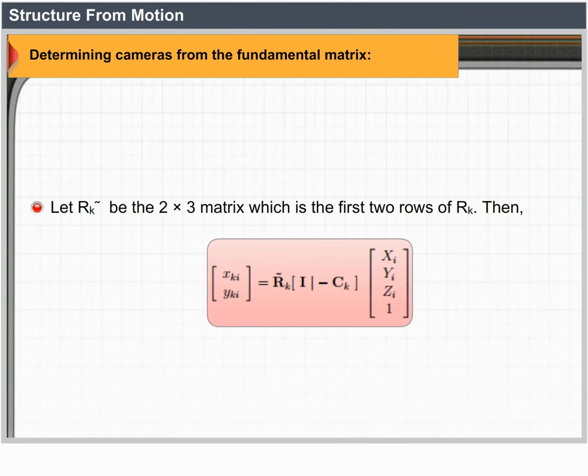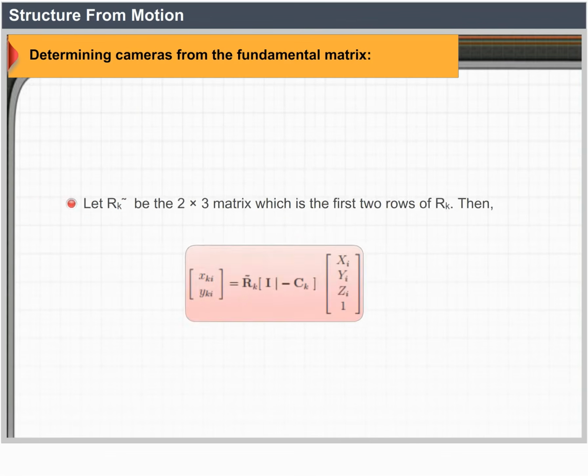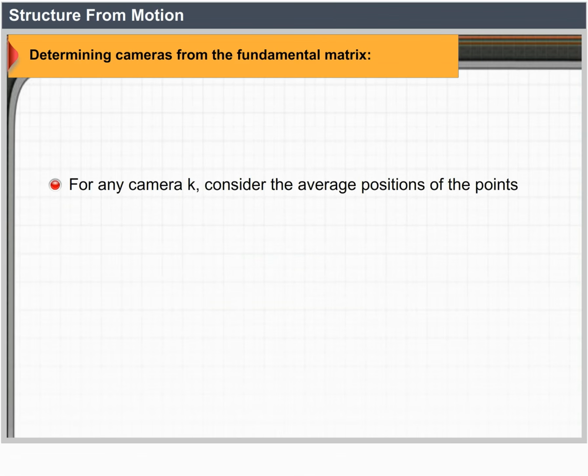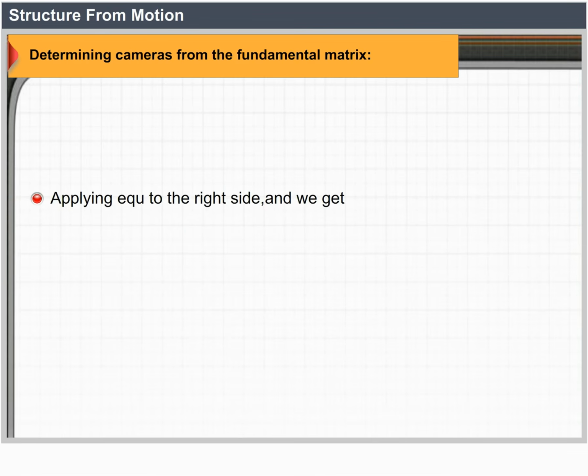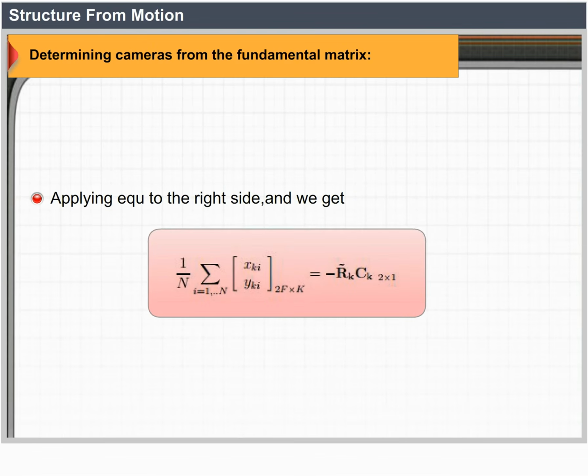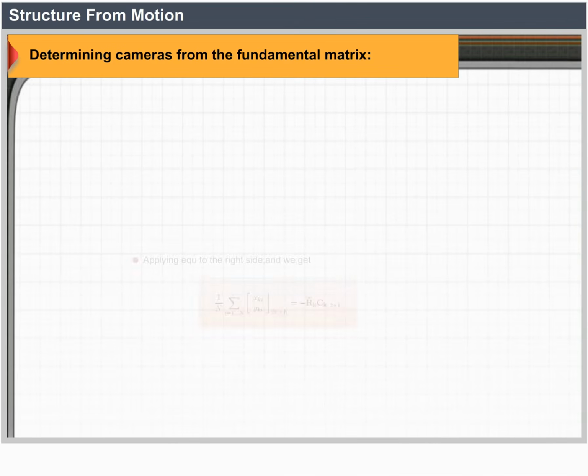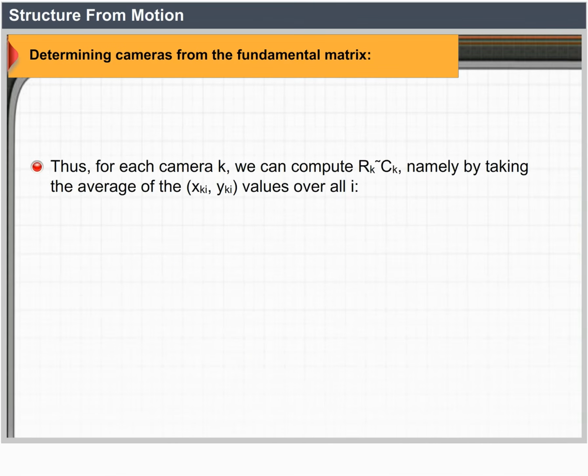For any camera k, consider the average positions of the points. Applying the equation to the right side, we get the image measurement equations as shown on the screen. Thus, for each camera k, we can compute Rk tilde Ck, namely by taking the average of the xki, yki values over all i.